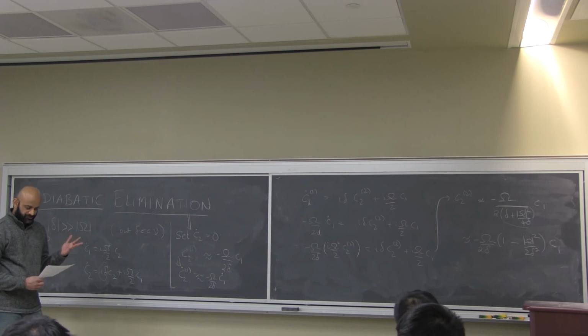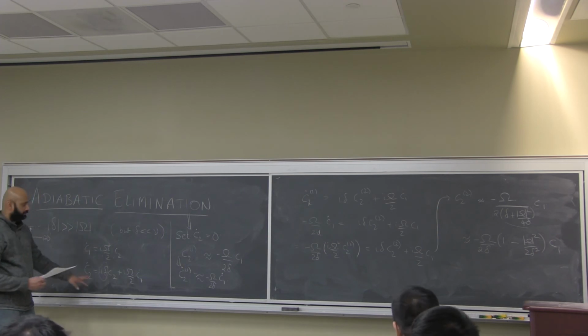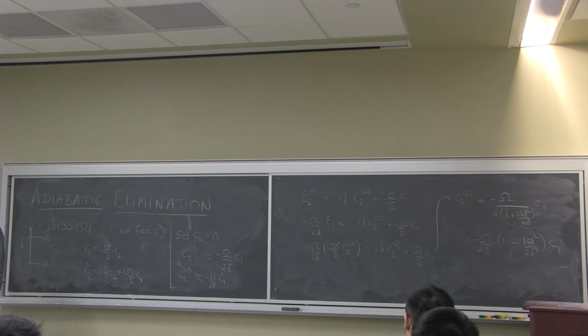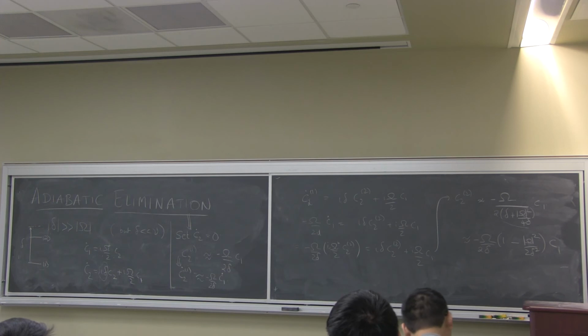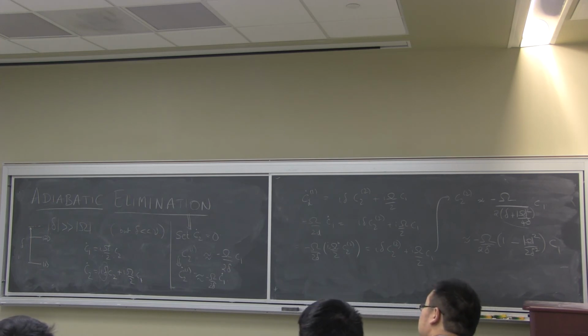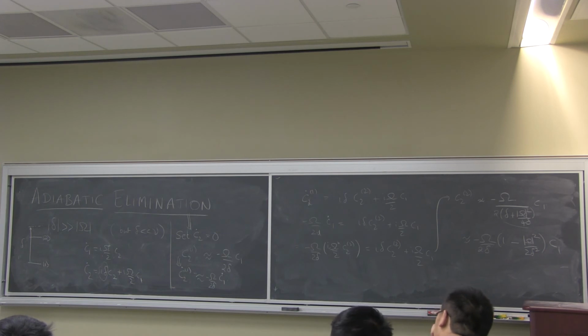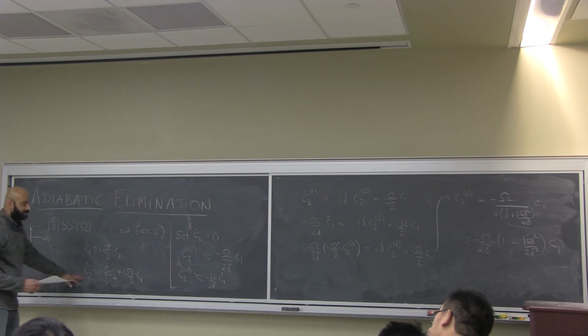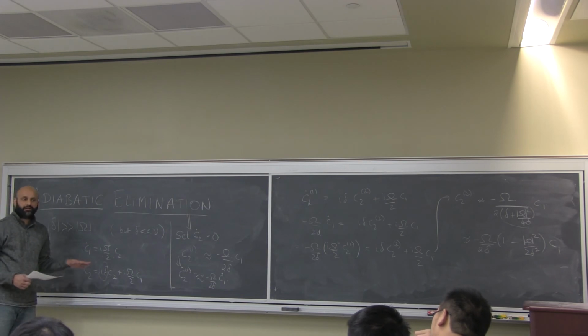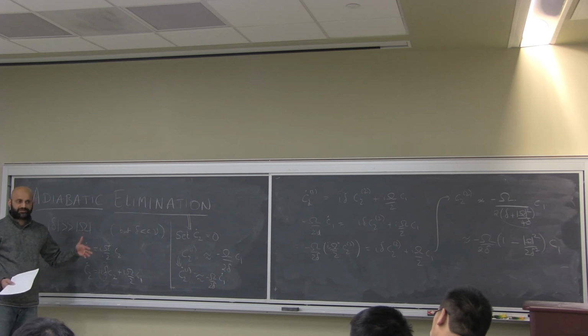So the basic physics or intuition for this once again goes back to the fact that this delta is very large. What we are doing is basically saying we don't want to follow the dynamics perfectly. This delta is going to cause large oscillations in the phase of C2 because it goes as I times delta, but we don't care about this phase because effectively the phase leads to a renormalization of the energies.